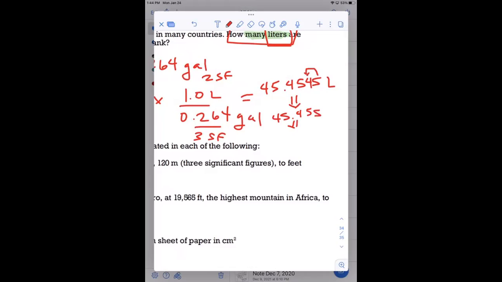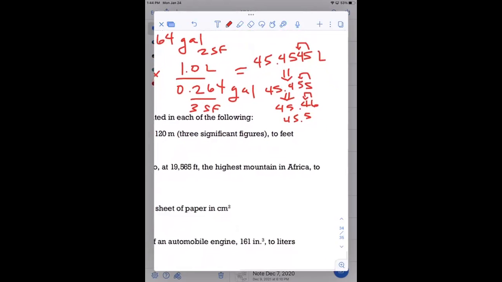And then this is going to be 45.46. Is that right? Because this is going to cause that to round up. And then this is going to cause that to round up. So it's going to be 45.5. Right? Now we need to get to 2 sig figs. What do we do? Can we just round that up again? 46. 46 liters, is that right?